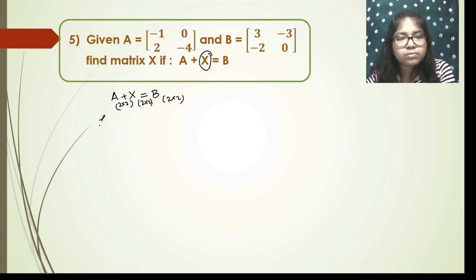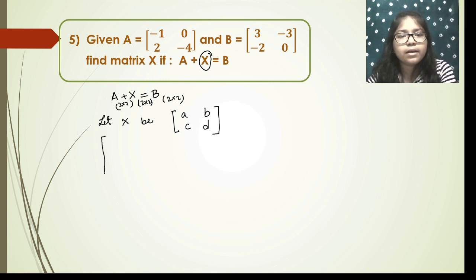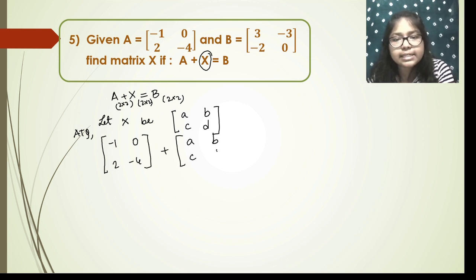Okay, so let X be A, B, C, D. Minus 1, 0, 2, minus 4 plus A, B, C, D equals to 3, minus 3, minus 2, 0, according to the question.